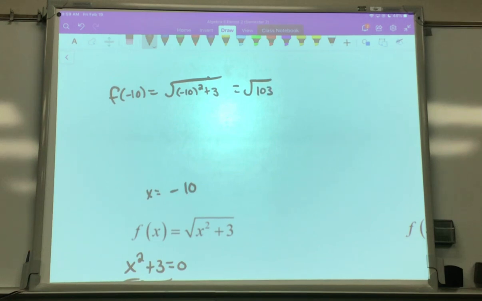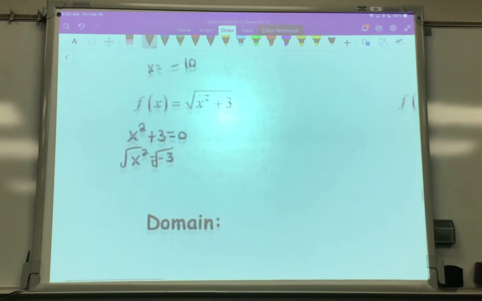I'll never get a negative in there. So that one, the super important thing that we said right at the beginning, no negatives inside the square root, right? Or no negatives inside an even index radical. Can we ever get negatives? So is there a restriction? No.